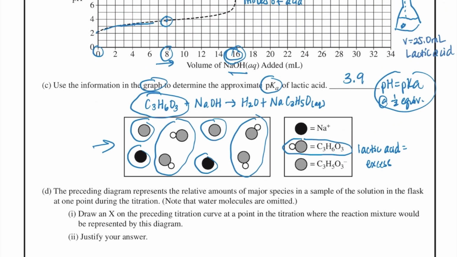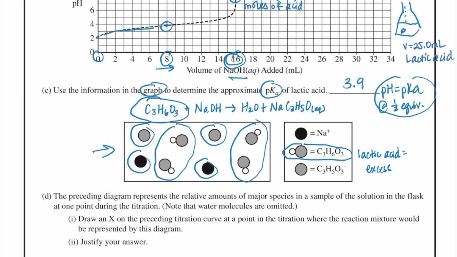On my titration curve, the answer on your AP answer key indicates anywhere from 3 milliliters to 8 milliliters. So anywhere from here to right before the half equivalence point, we can mark an X that represents our excess acid, as not enough base has been added to neutralize it even to the halfway point.